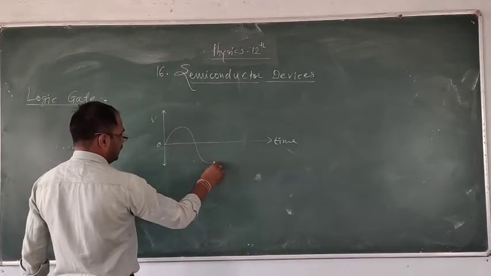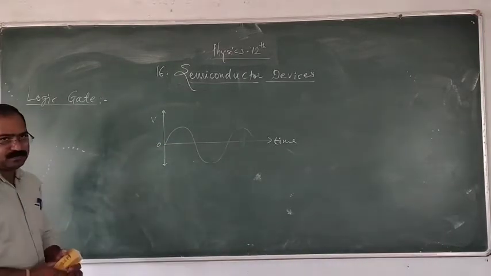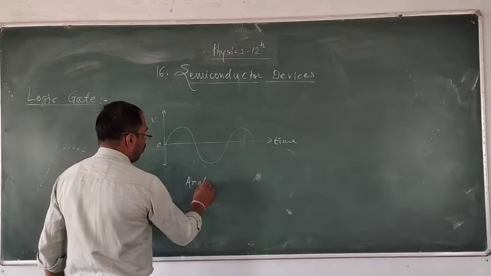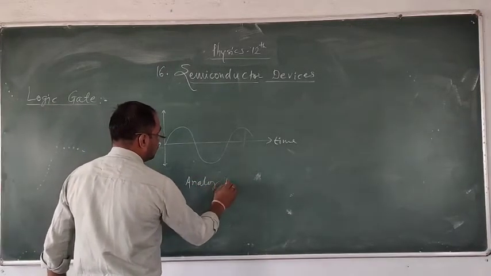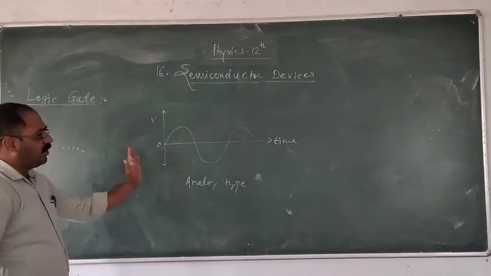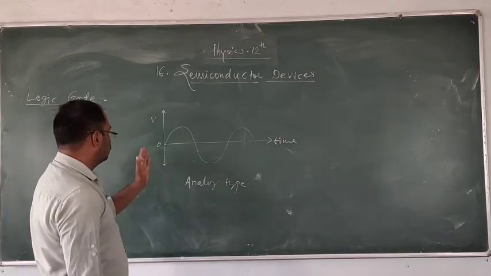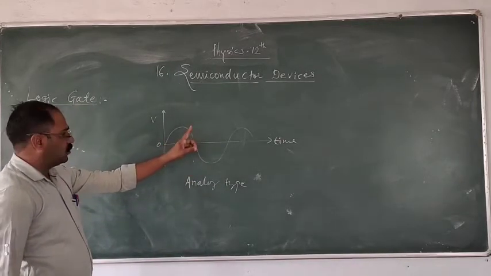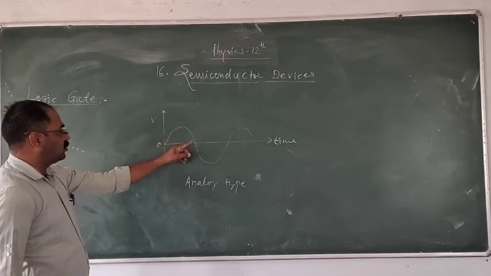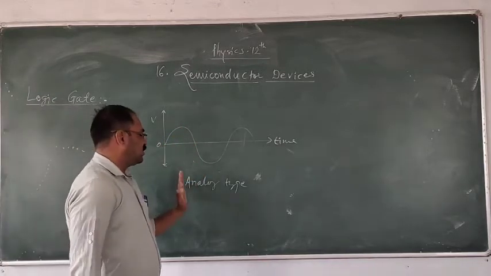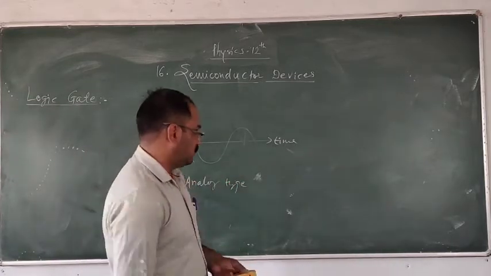The AC signal is shown by a sinusoidal wave, which is the analog type signal. When time goes on increasing, the signal goes low and high. Here is the high value, here is the 0 value, here is the negative high value. This type of signal is called the analog signal.